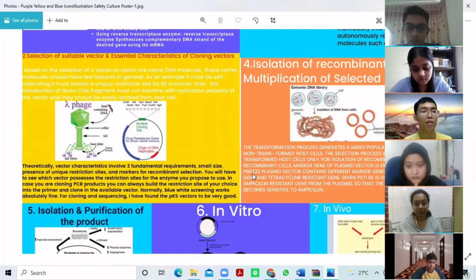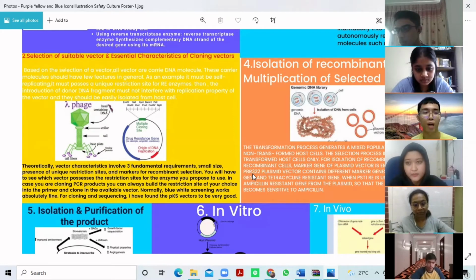For isolation of recombinant cells from non-recombinant cells, the marker genes of the plasmid vector are employed. For example, the pBR322 plasmid vector contains different marker genes such as the ampicillin-resistance gene and the tetracycline gene.